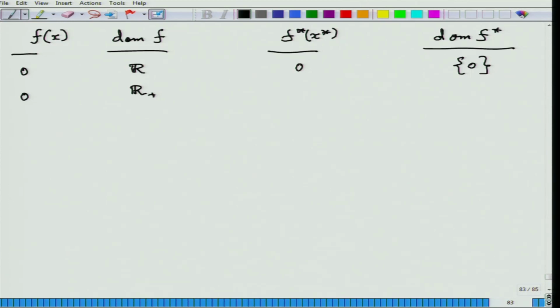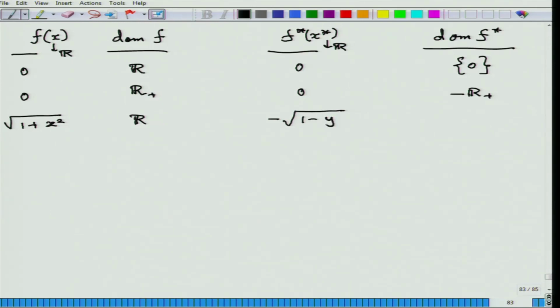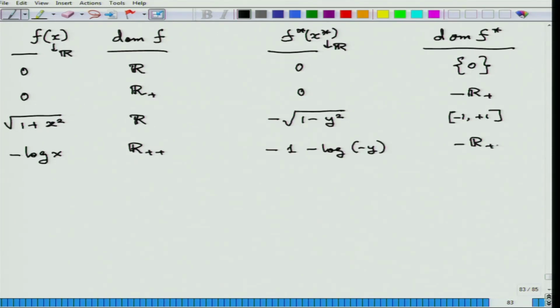Here x is in R, the domain is R. The domain is R plus plus, obviously, otherwise you cannot define log x. The domain is naturally minus R plus plus.